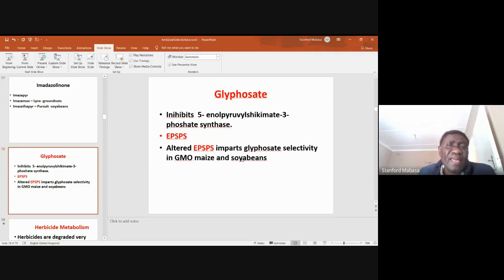Now, here we have got glyphosate. Glyphosate can inhibit an enzyme known as 5-enolpyruvylshikimate-3-phosphate synthase, EPSPS, in short.